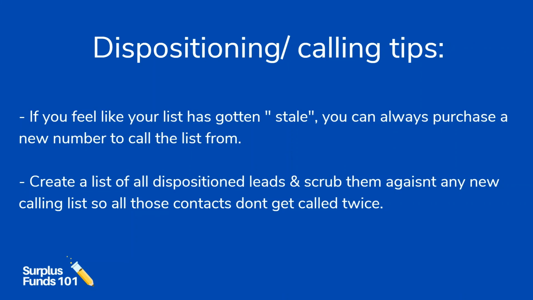I'm really lucky because the tech platform I'm on automatically segregates my dispositions, so it's really easy to scrub against any new incoming leads. But yeah, you want to create a list of all the leads that you've dispositioned and then scrub them against the new data so you don't contact them.